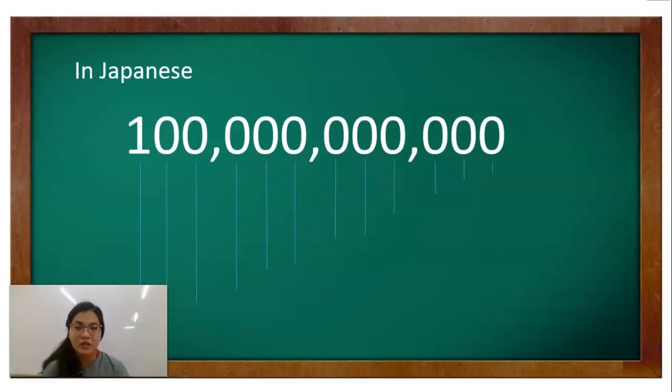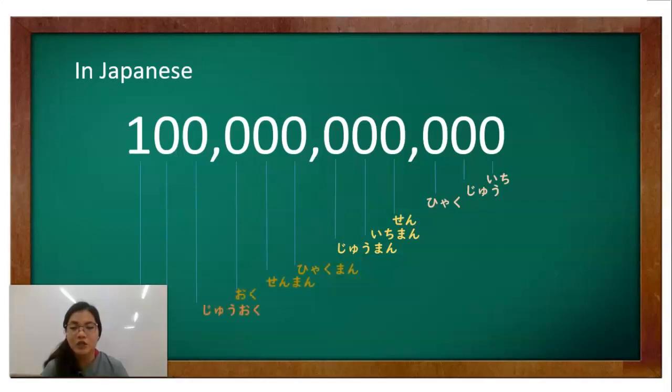This figure is read as ichi, ju, hyaku, sen, ichiman, juman, hyakuman, senman, oku, ju-oku, hyaku-oku, and sen-oku. So we are going to learn that one in the following videos.